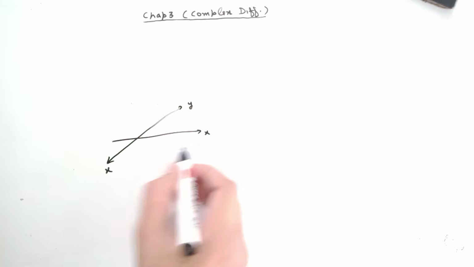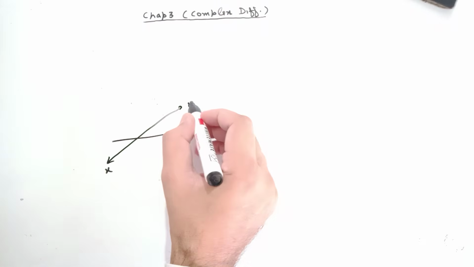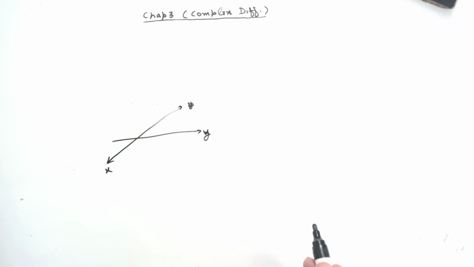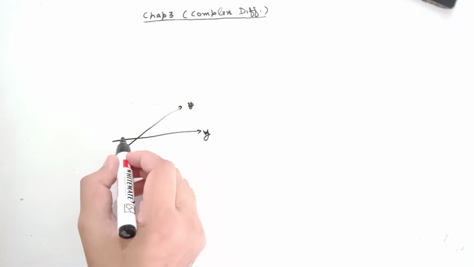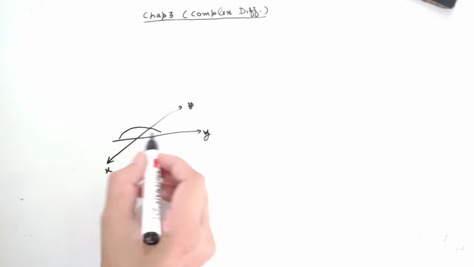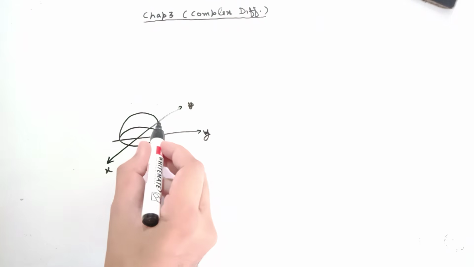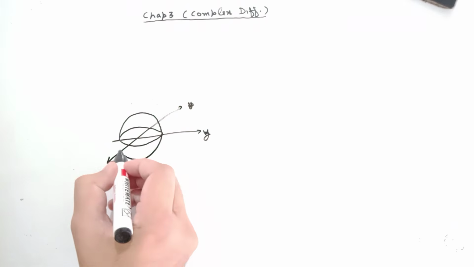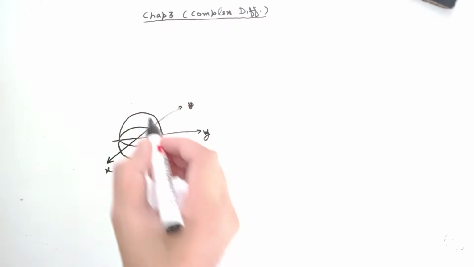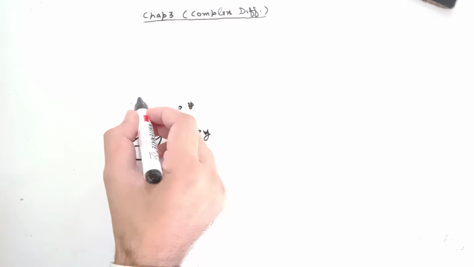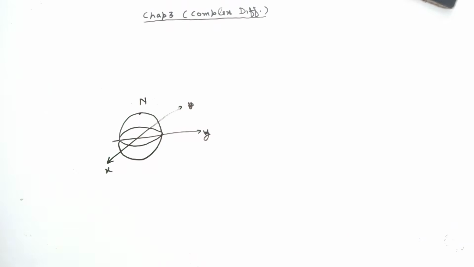Take this as the x-axis, this as the y-axis, meaning I'm considering the xy plane and a unit sphere centered at the origin. Okay, let's say this is the north pole of the sphere, the top point on the sphere.